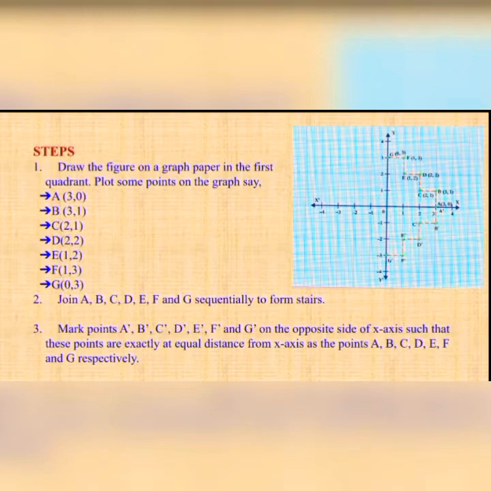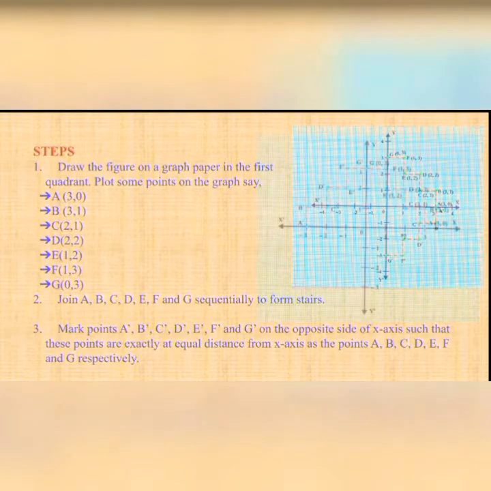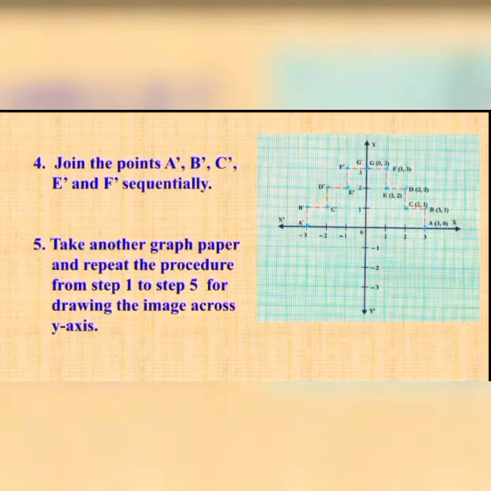So now we have to draw a mirror image of this flight of stairs in quadrant 4 such that all points are at equal distances from the x-axis with their opposite sign. Now, the next step is to join the points A', B', C', D', E', F' and G' sequentially to again form a flight of stairs.